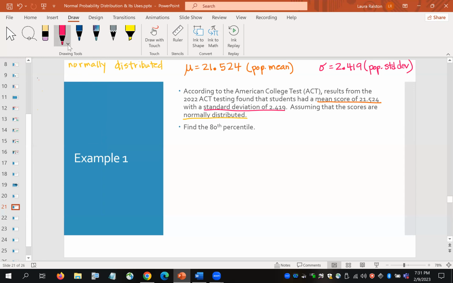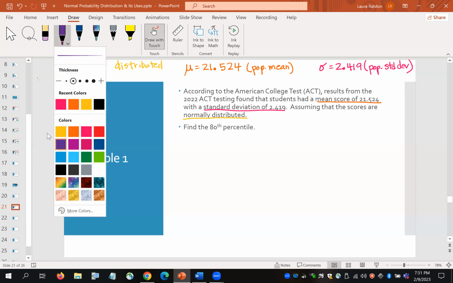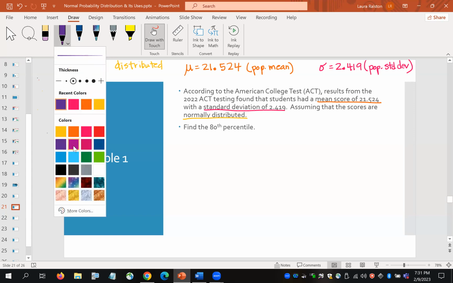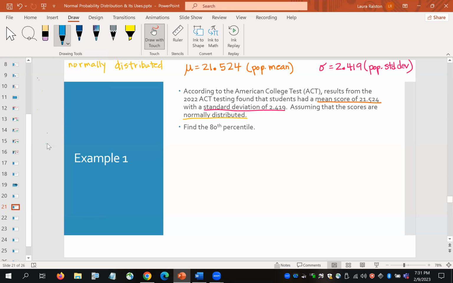What is different here is that it wants us to find the 80th percentile. Now, you may not remember how to interpret a percentile, so let me review that real quick.